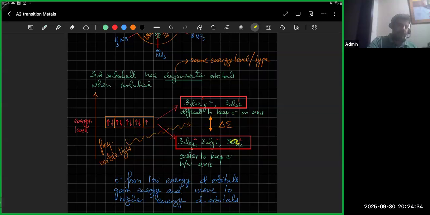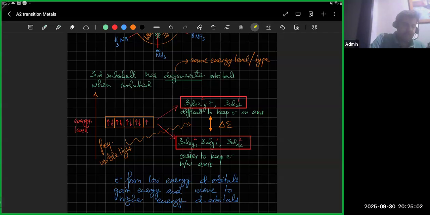The electrons from the lower energy d-subshell will jump into an excited state and occupy the higher level. Remember, the d-subshell has to be incomplete. Otherwise, the electrons cannot jump to the higher energy d-subshell. That is one of the definitions of a transition metal: it is supposed to have stable ions with incomplete d-subshells.